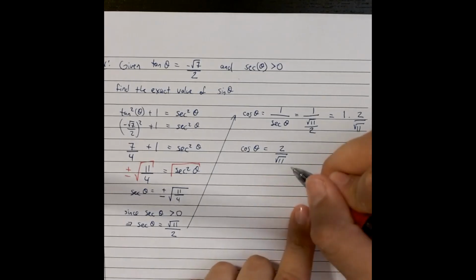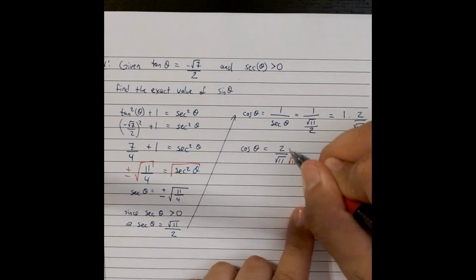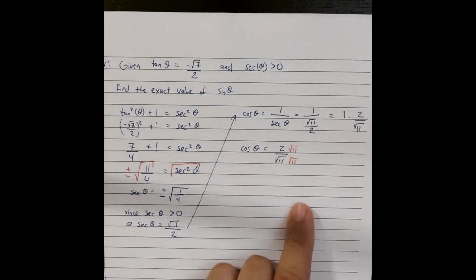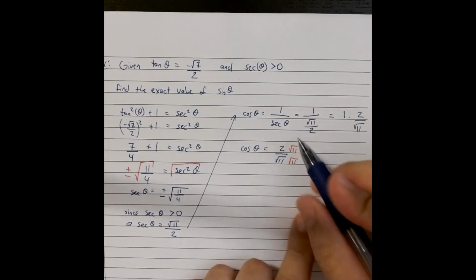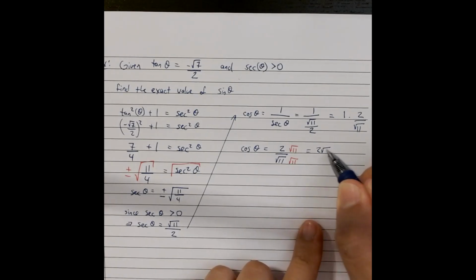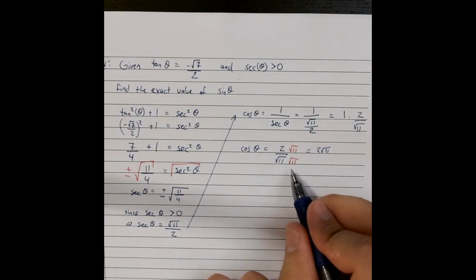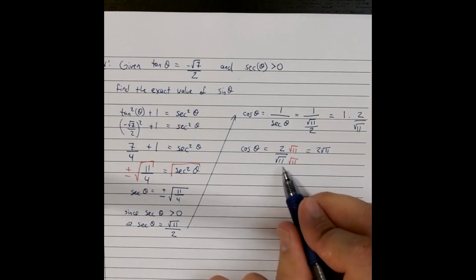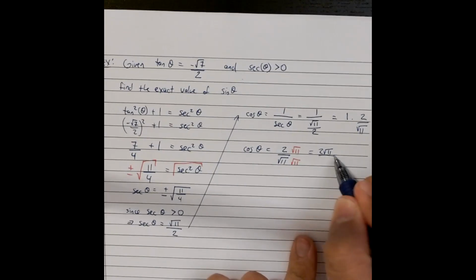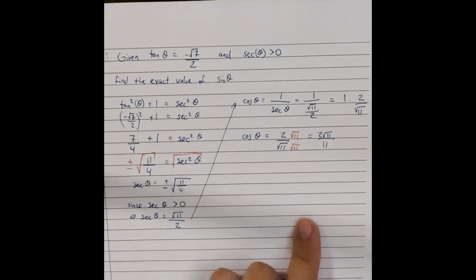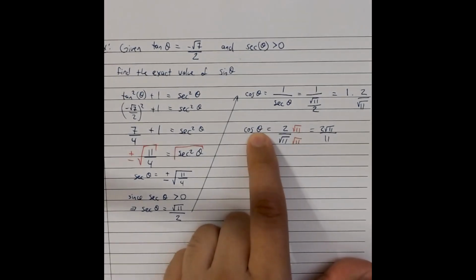Here, we can rationalize by taking the square root of 11 and multiplying it on top and bottom. 2 times root 11. Root 11 times root 11 is root 121, which is just the number 11, like that. So now I have the cosine of the angle theta.